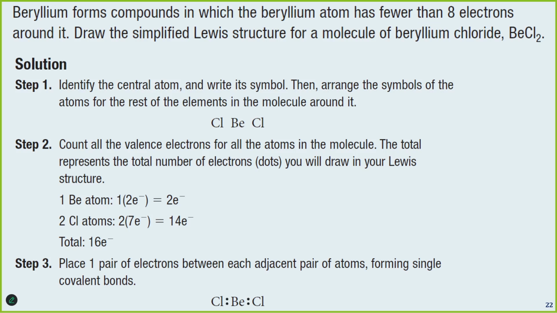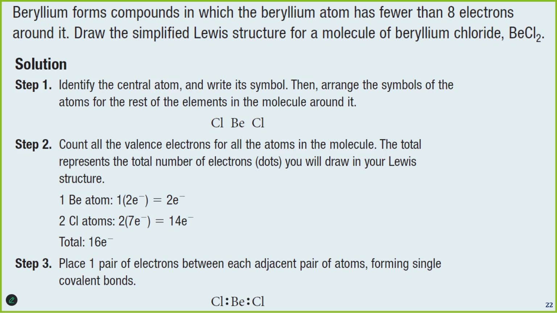Alright, let's have a look at the solution together. Step 1, identify the central atom and write its symbol, and arrange the symbols of the atoms for the rest of the elements in the molecule around it. And then step 2, count all the valence electrons for all the atoms in the molecule. The total represents the total number of electrons, or dots, we will draw in our Lewis structure.